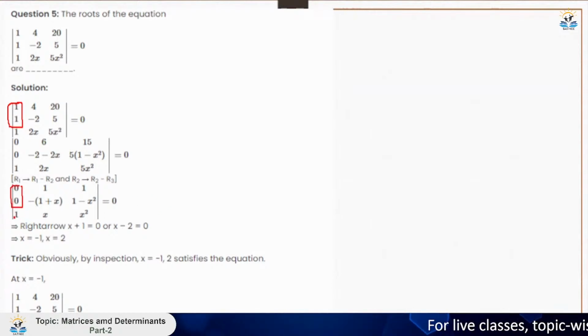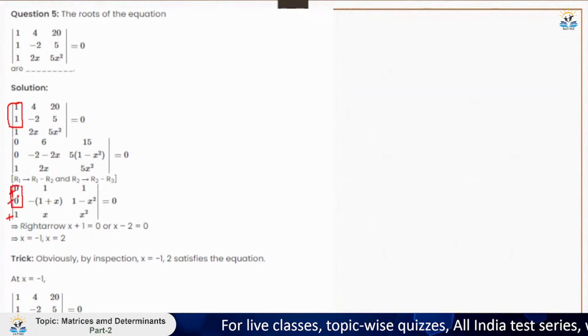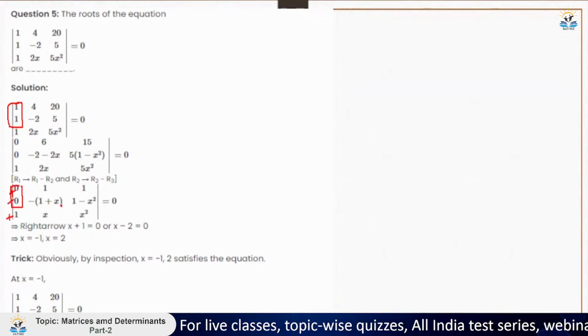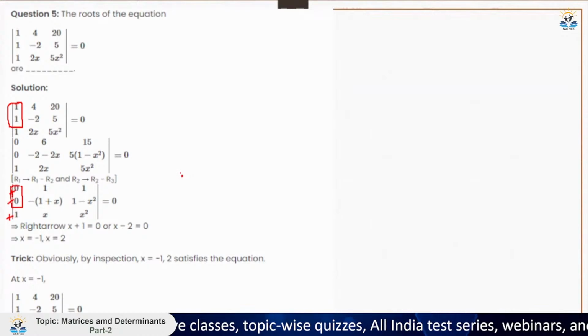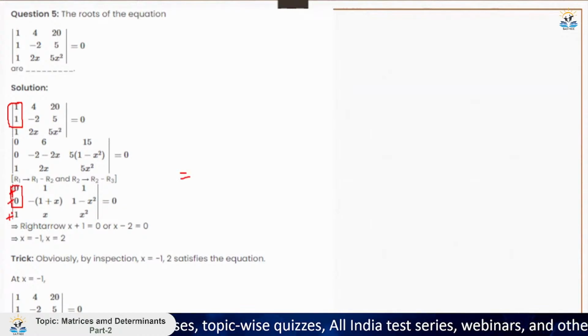So when I open it for this one, I know that the signs are positive, negative, positive. We know that it alternates plus minus, that's why. So now let's open it against this A31.